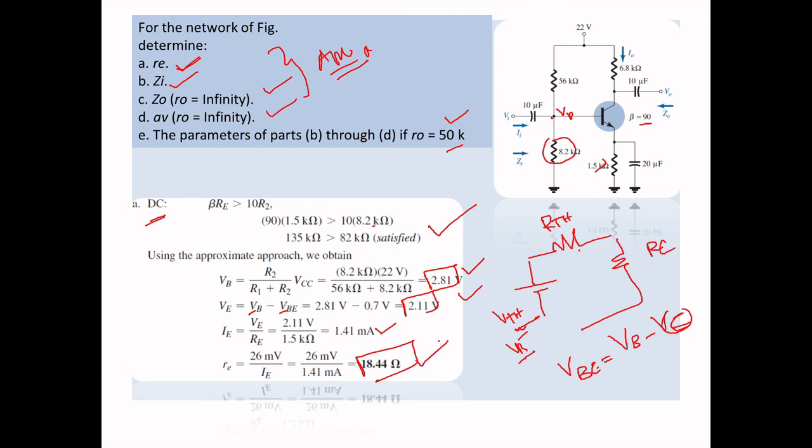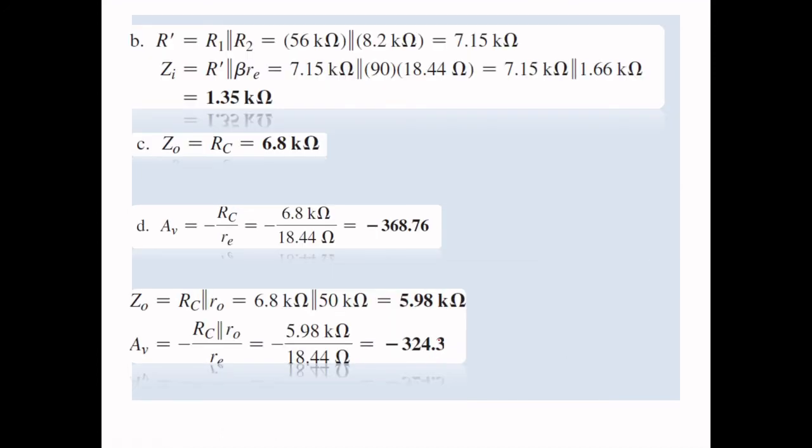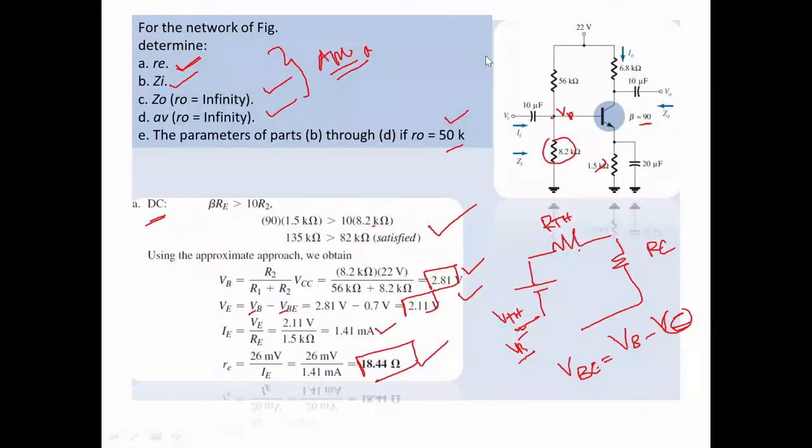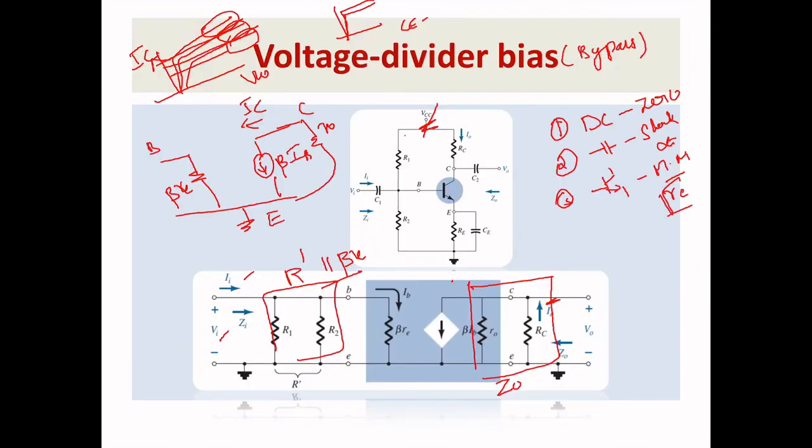Now we'll go for finding R dash. R dash is nothing but R1 parallel to R2, so 56 kilo ohm parallel to 8.2 kilo ohm, you'll be getting 7.1 kilo ohm. You need not be confused, as in the previous part, R dash is nothing but R1 parallel to R2.